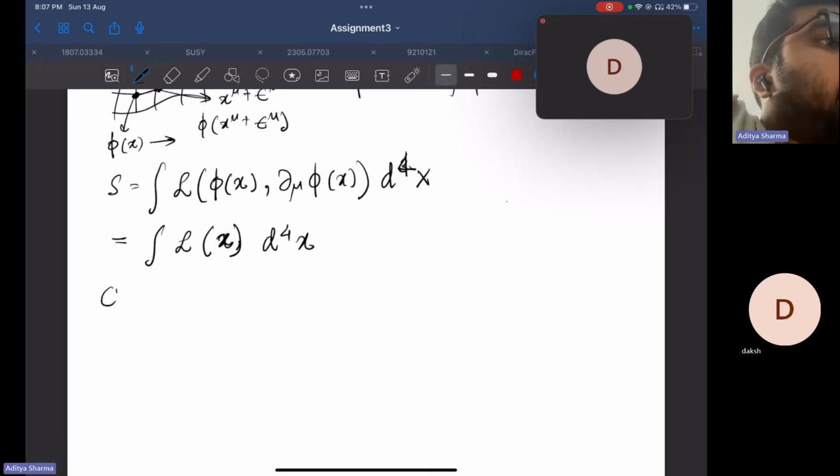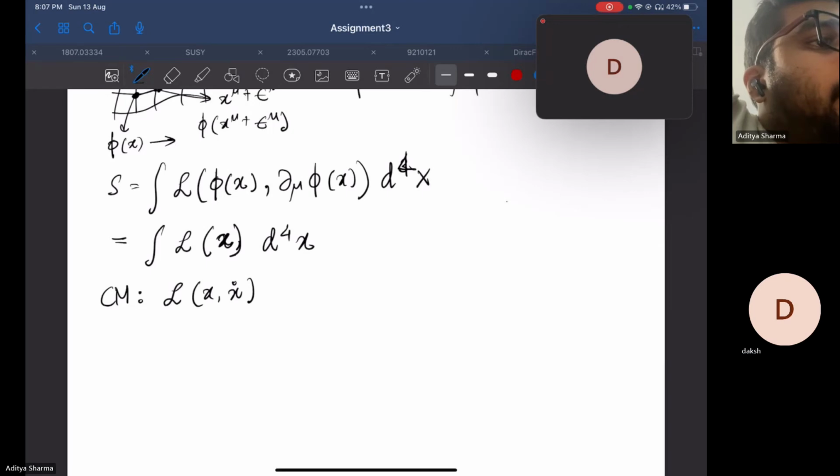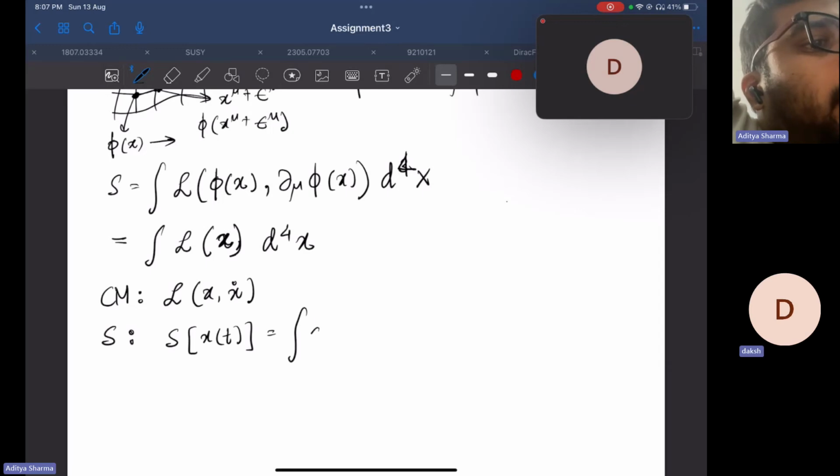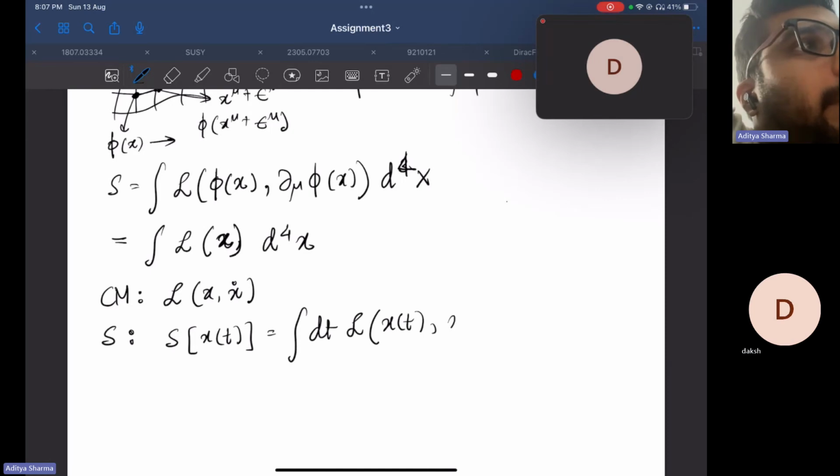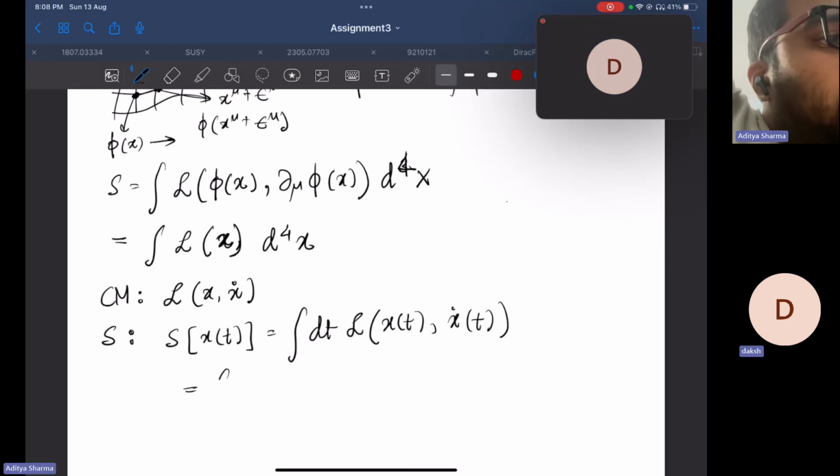So in classical mechanics, let's go there. The Lagrangian is a function of x comma x dot. And when you put it in the action, you want to have a trajectory x of t. That is why the Lagrangian, when you put it inside the action, becomes x of t, x dot of t. Now you can think of this as the integral of dt L of t.